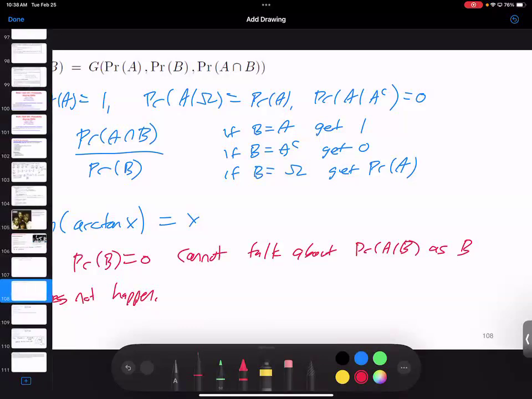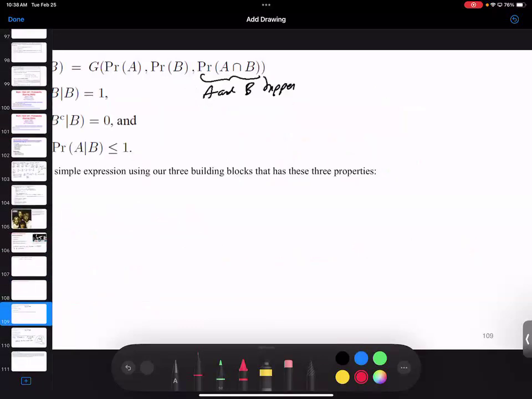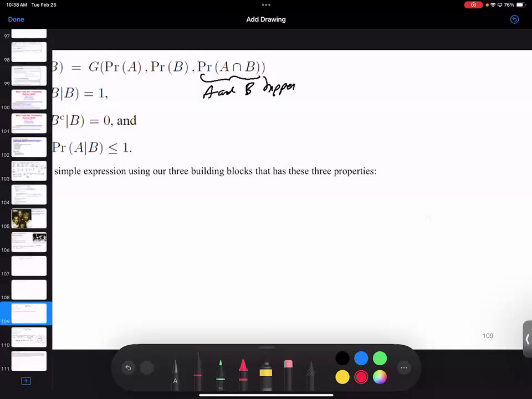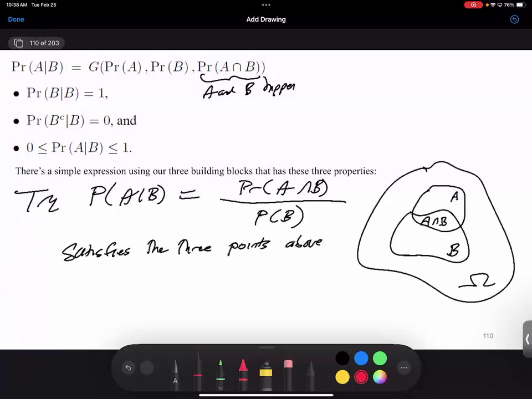So this is a very reasonable formula. And as we said, it passes all the different smell tests. And then, the way we can do it is imagine omega is our space of all possible events. And then B is some subset over here. So I'll put this in red now.